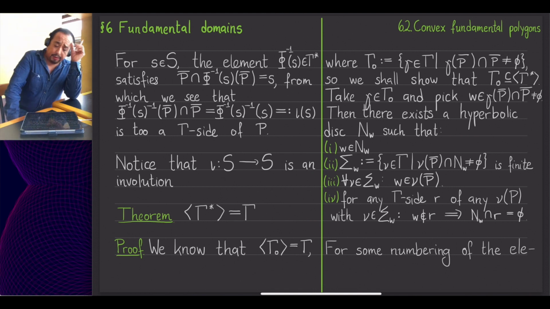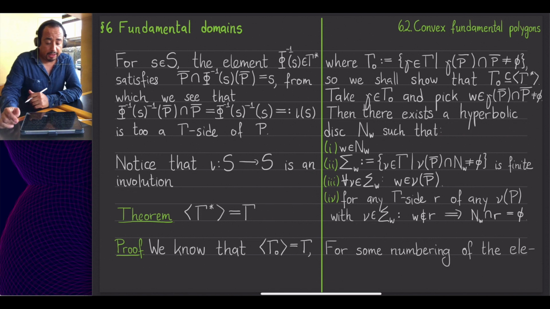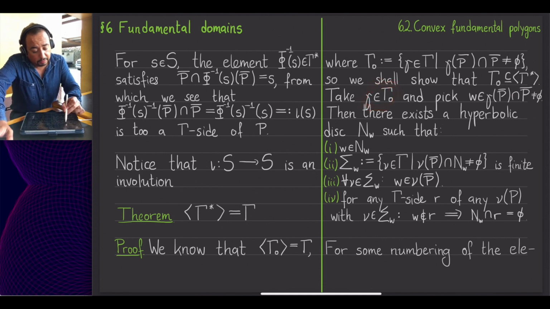So let's take an element of gamma naught. We shall show that it belongs to the subgroup generated by gamma star. So it is in gamma naught, so we know that this intersection is not empty. So take an element W in that intersection.